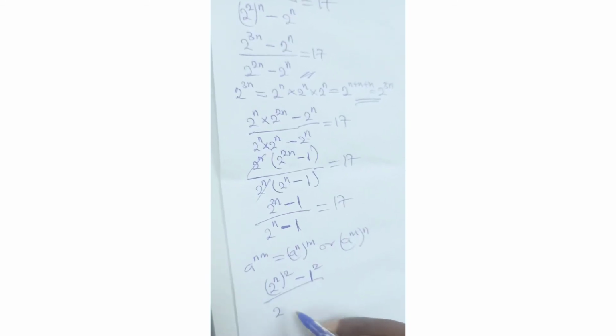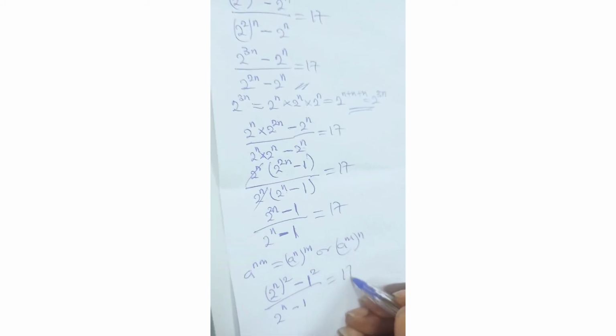Now what we are going to do here is to say over 2 raised to power n minus 1 is equal to 17.